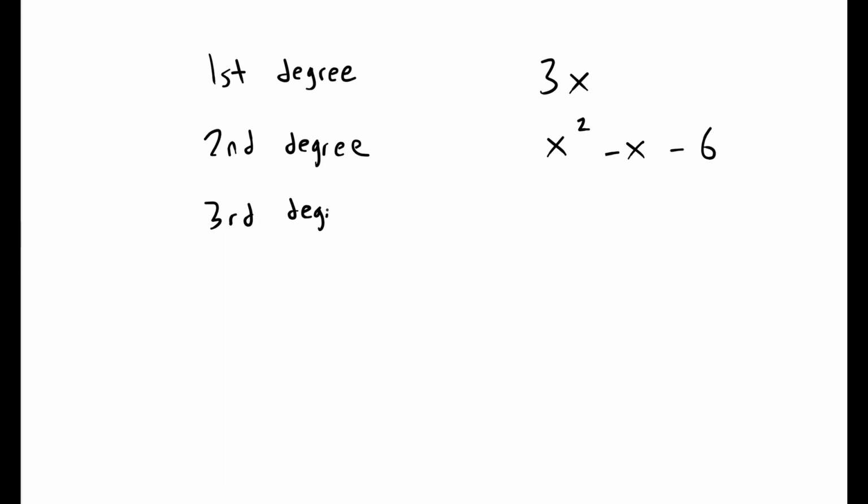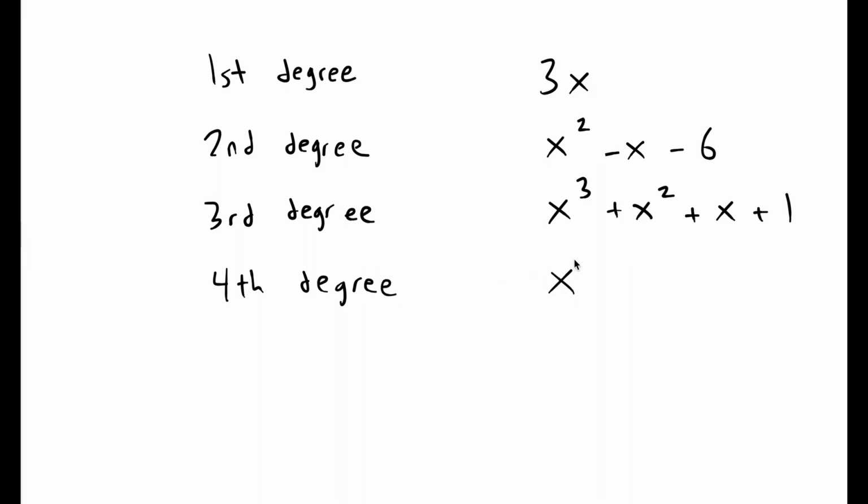Third degree could be a cubic function such as x cubed plus x squared plus x plus 1. And we're actually looking for fourth degree, which has to have a power of 4 on one of the variables, such as that.